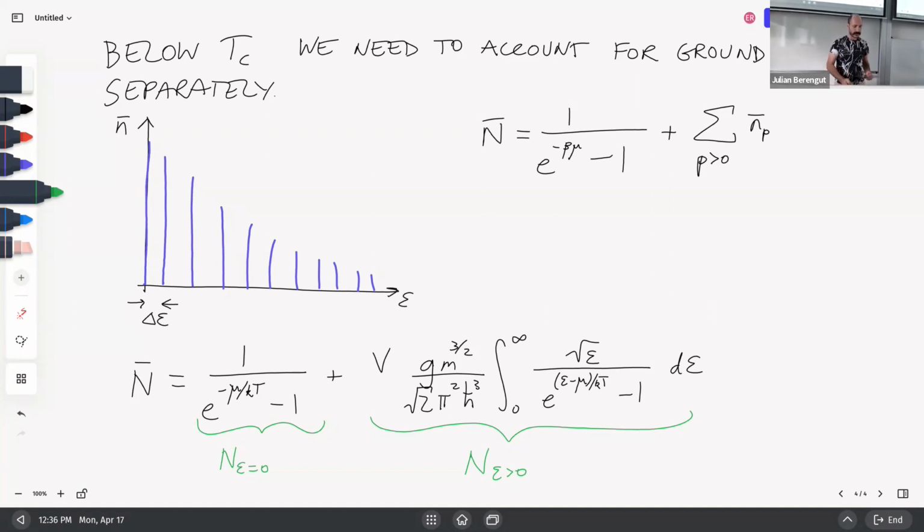So these are the number of particles that are in the condensate. They're all going into the same state. And the ones greater than 0, they're the ones that are above the condensate. So below the condensate, or in the condensate and above it.